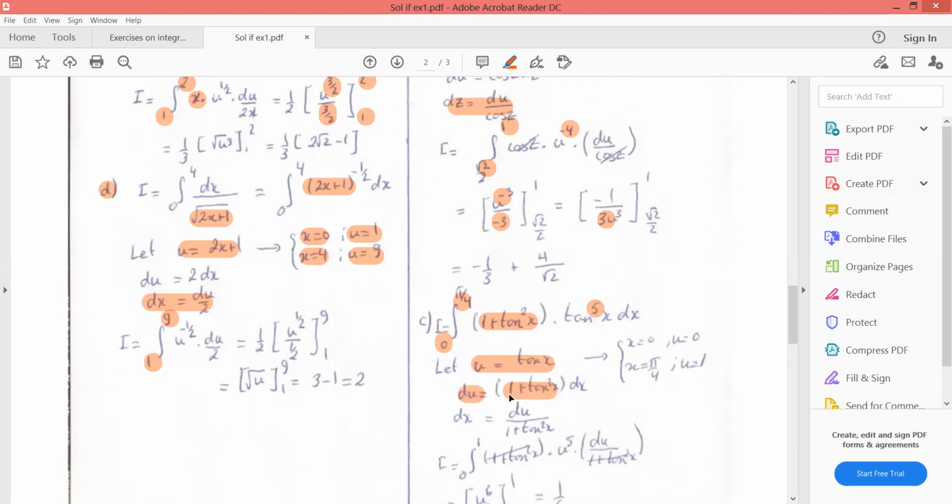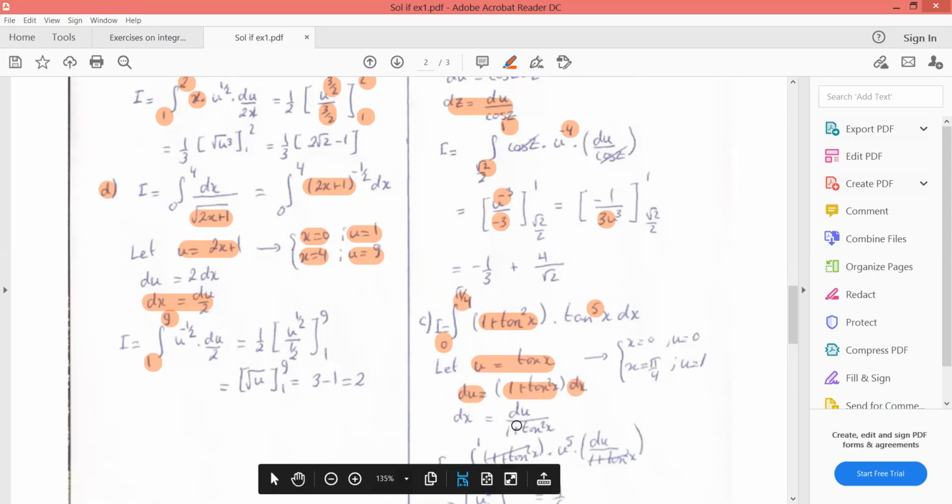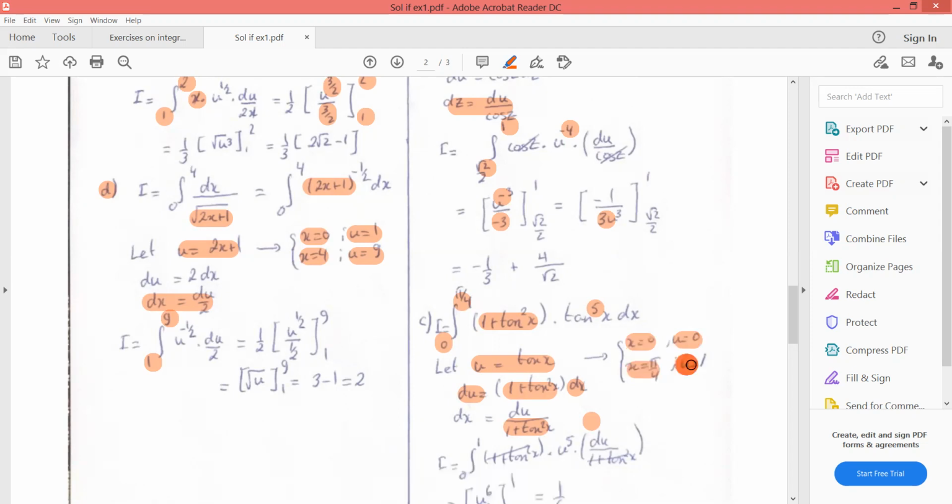The antiderivative of 1 plus tangent squared is tangent x. dx equal du over 1 plus tangent squared x. For x equals 0, u equal tangent 0 equals 0. For x equal pi over 4, u equal tangent pi over 4, u equals 1.